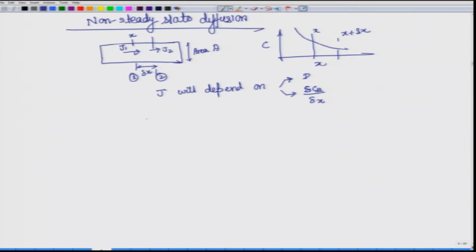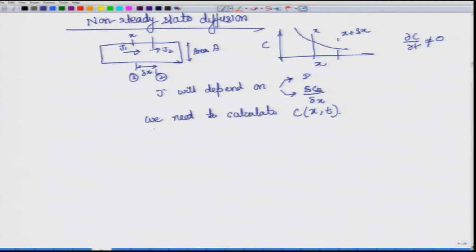Now, what do we need to calculate? We have already said that this is a condition where del C by del t is not equal to 0. Therefore, we need to find or calculate C as a function of x and t. Now, let us say that the number of interstitial B atoms that diffuse into this small slice in time t is J1 A delta t.